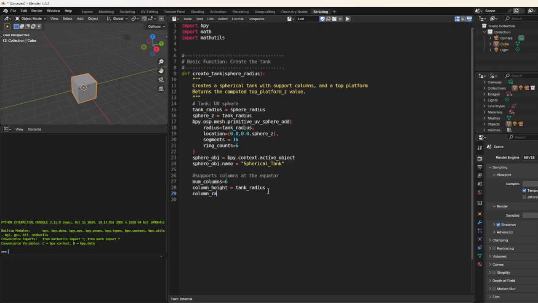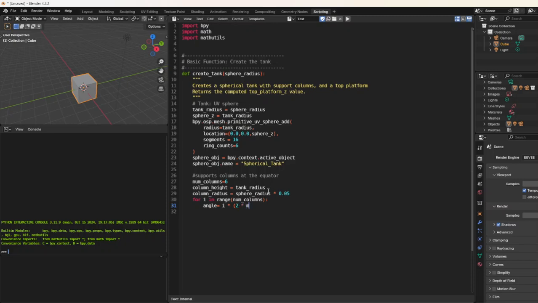The radius is going to be the sphere radius times 0.05, and num_columns. The angle is. Alright, now we're going to do a lot of explaining.